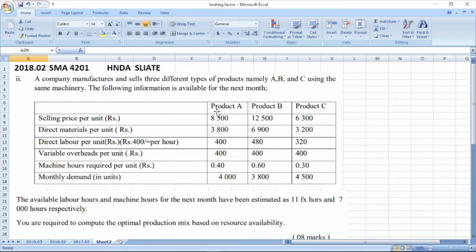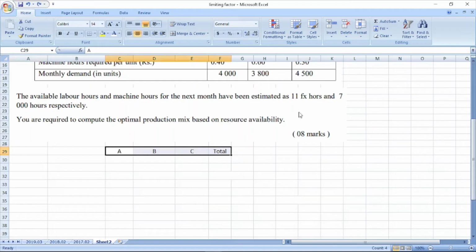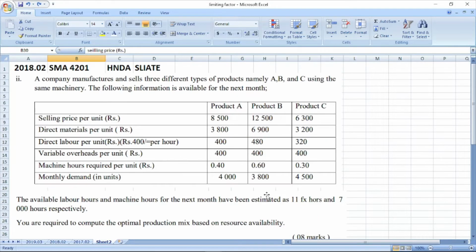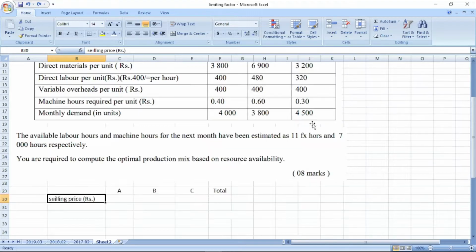So they have three products A, B and C, and next let's say their selling price. It is mentioned that the selling price is product A 8,500, product B 12,500, product C 6,300. Copy that.